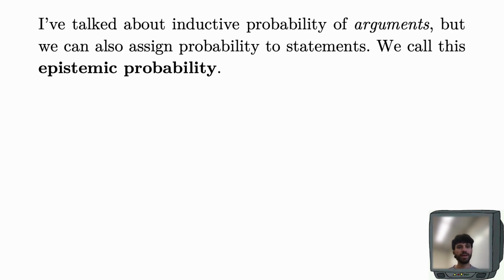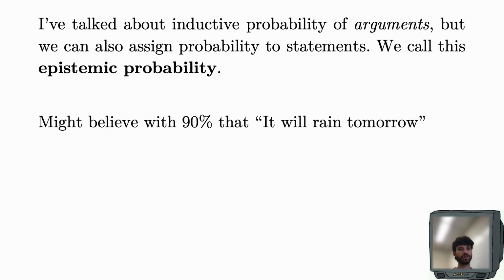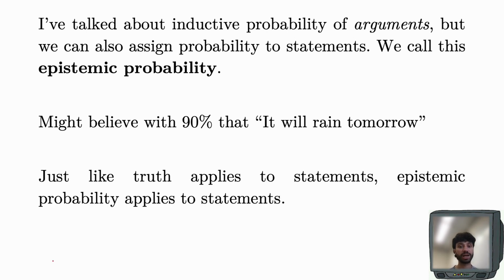Okay, so I've talked about the inductive probability of arguments, but we can also assign probability to statements. And this is what we might call the epistemic probability. So for example, I might believe with 90% chance that it will rain tomorrow, instead of believing that it will rain tomorrow is just true or false. I might have some degrees of belief in that statement. Just like truth applies to statements, epistemic probability applies to statements.